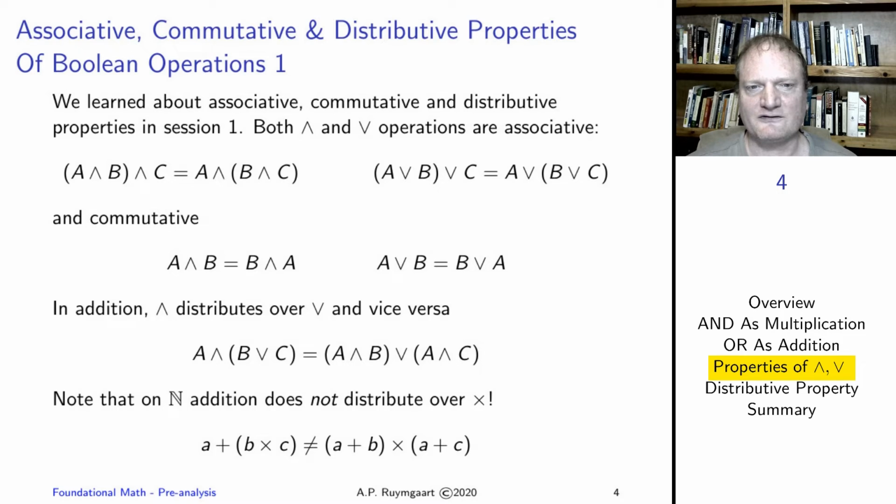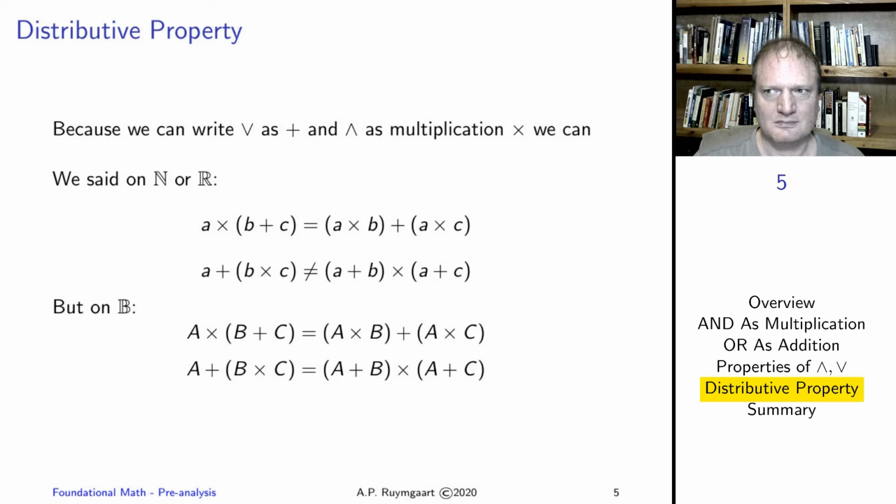So AND distributes over OR and vice versa, and that is not the case for addition and multiplication on natural numbers. Multiplication distributes over addition on natural numbers, but not the other way around. And we'll look at that a little bit more in the next slide.